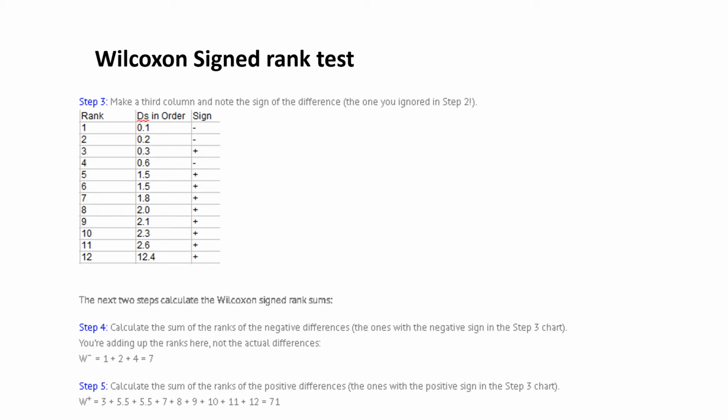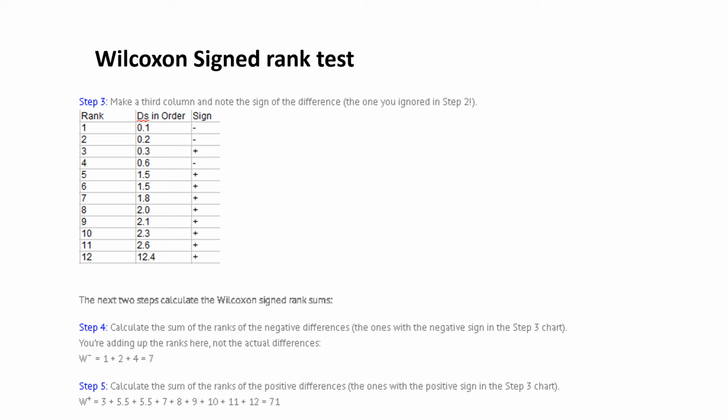So 3 plus 5. Actually, you have to put 5.5, because 5 and 6 are the same value, right?